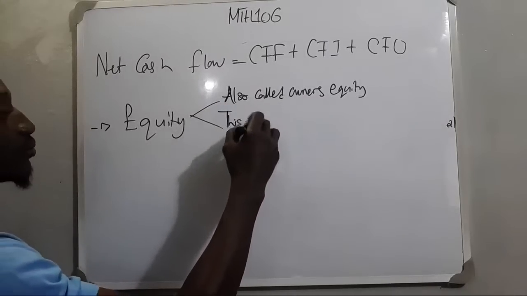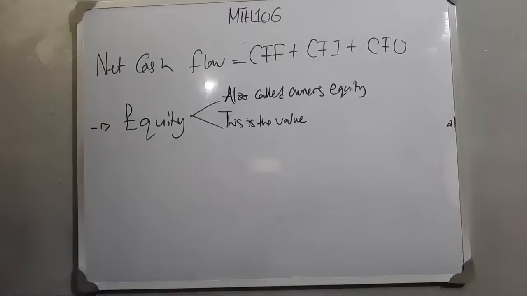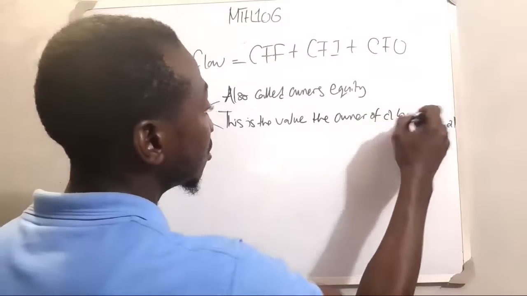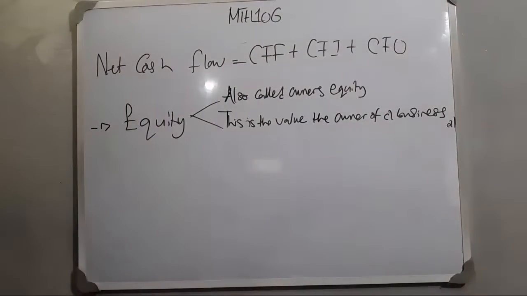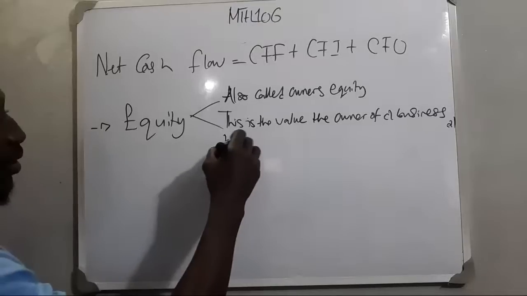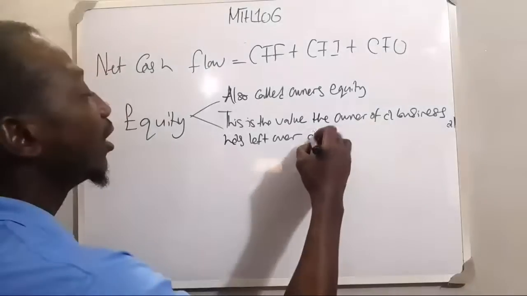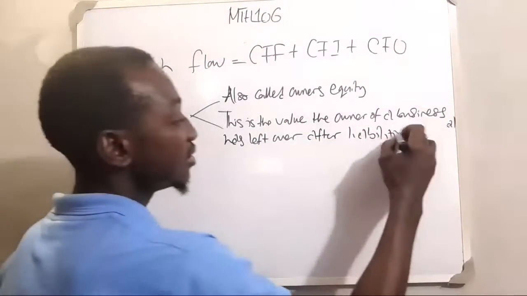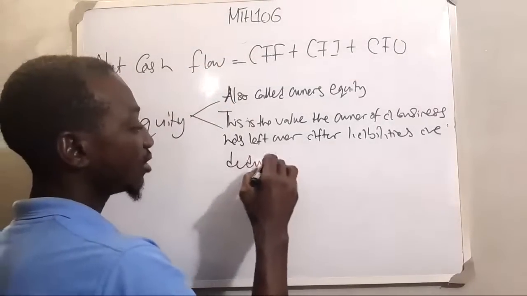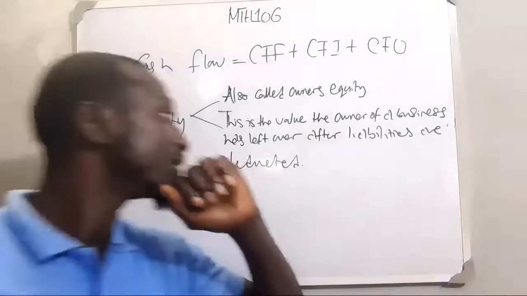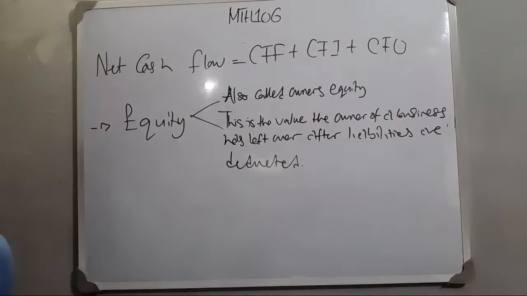This is the value the owner of a business has left over after liabilities are deducted. So that is equity.